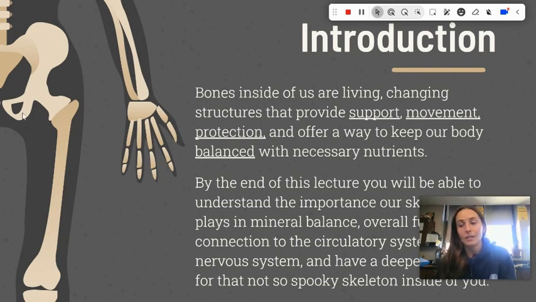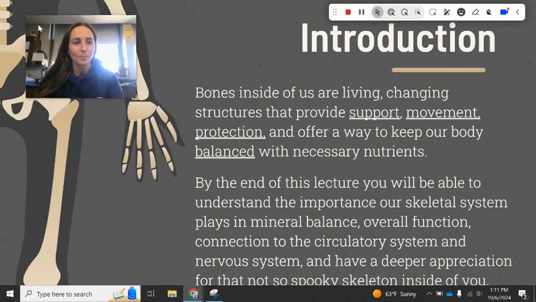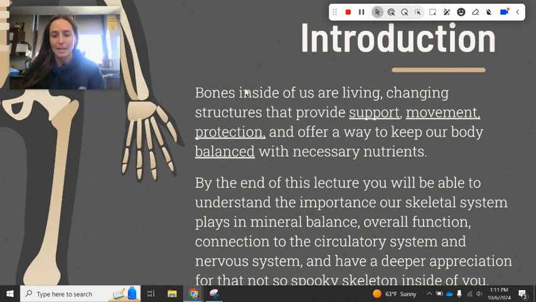Your goal at the end of this is to understand how our bones play a role in our mineral balance, how we grow, our overall function, how we repair things, how it connects to maybe some other systems that we're going to learn about, and just appreciate what's going on inside of us with these bones. Maybe you might realize, hey, that's not so spooky after all. It's not that scary.